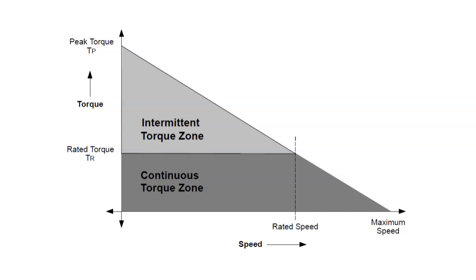Also, there are some acceleration and steep high slope conditions, etc. During this operation period, extra torque is required to overcome the inertia of the load and the rotor itself. The motor can deliver a higher torque, maximum up to the peak torque, as long as it follows the speed torque curve. Now I want to show a paper at this point.